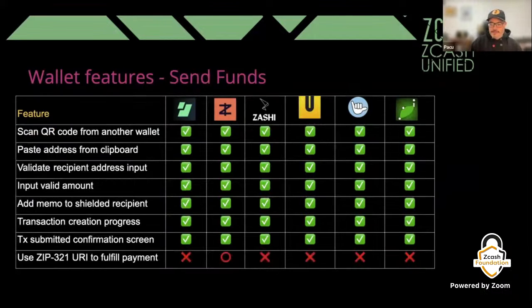And then as we were progressing on the more advanced features of our protocol, we were starting to see some differences between the different wallets being developed in the ecosystem.